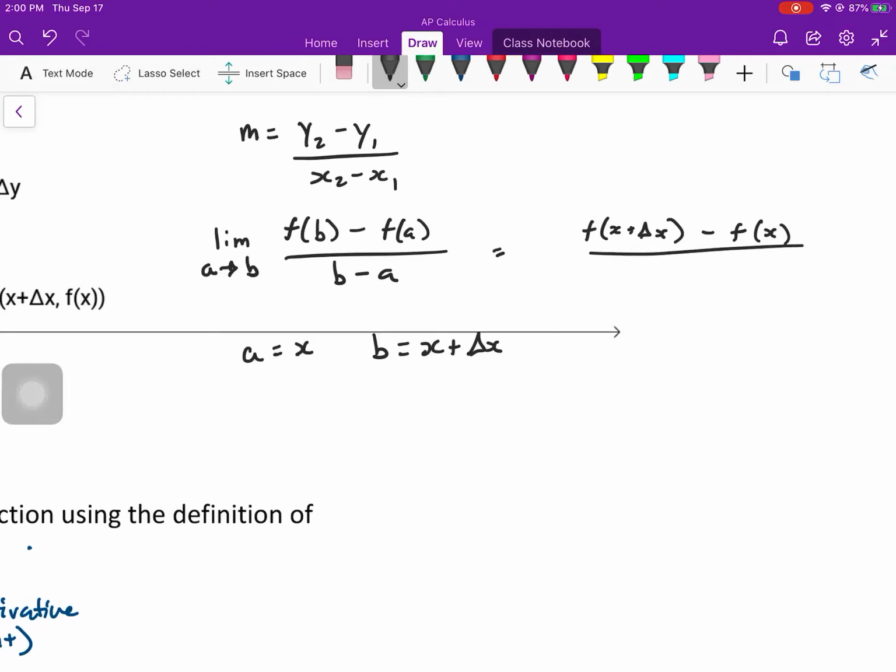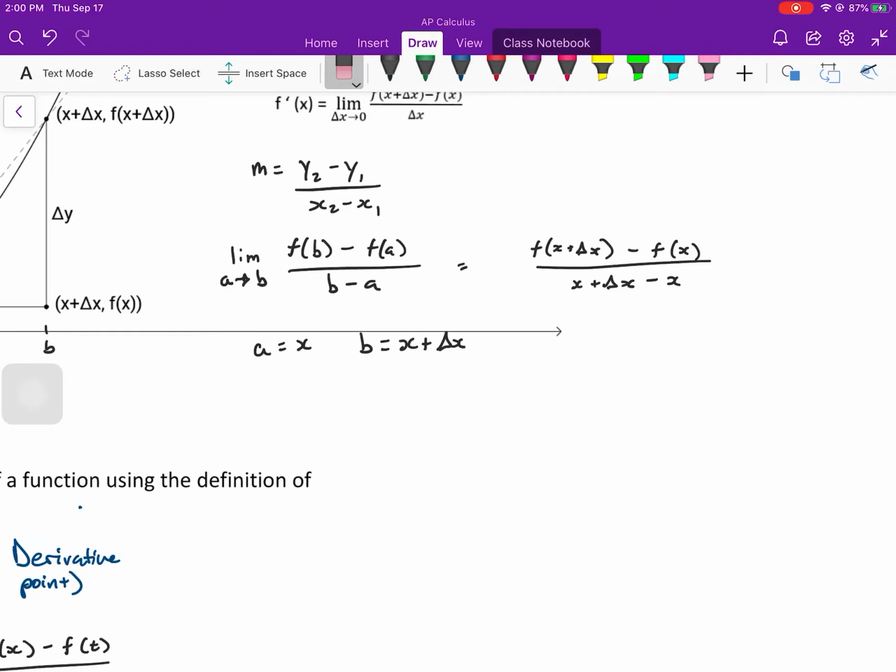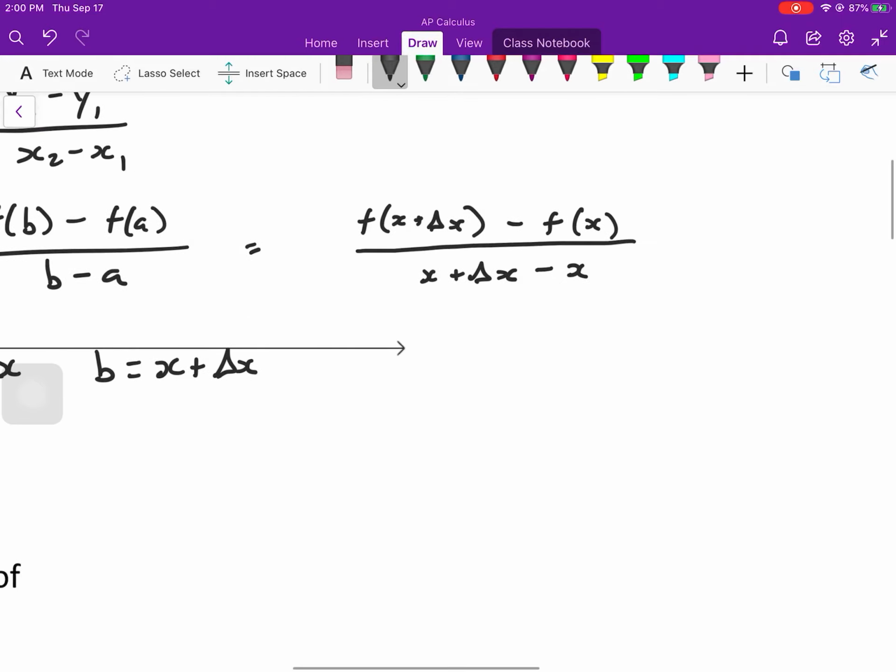All over b is x plus delta x minus a is x. And if we simplify this, the x cancels out and we're left with delta x.